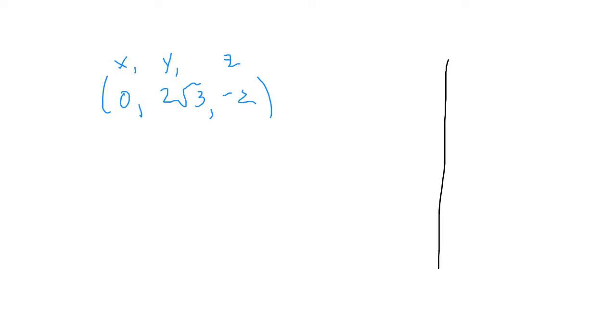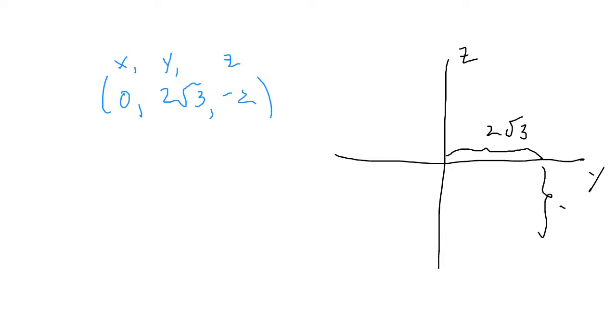This is a rectangular coordinate, x, y, and z. If we focus on just the YZ part, y is positive 2 root 3 and z is negative 2.